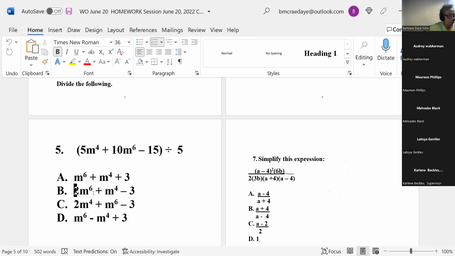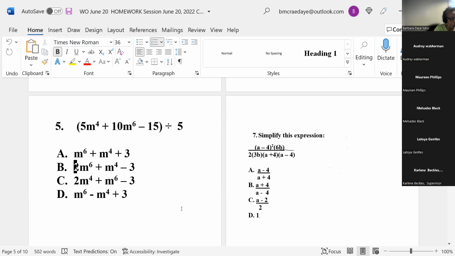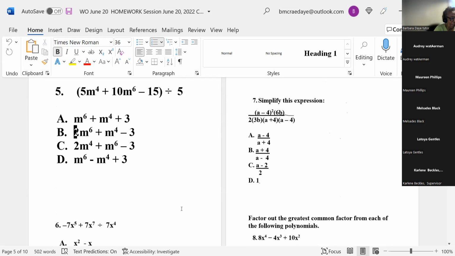So you just factor a 5 and a what to give you 5m to the 4th? 1m to the 4th. Divided by 5, 5m to the 4th divided by 5.